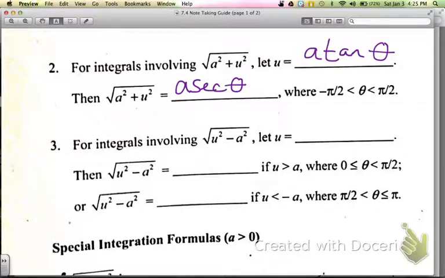And last but not least, for integrals involving the square root of u squared minus a squared, we have that first term being the term with the variable in it, so we're actually going to let u equal a secant of theta.